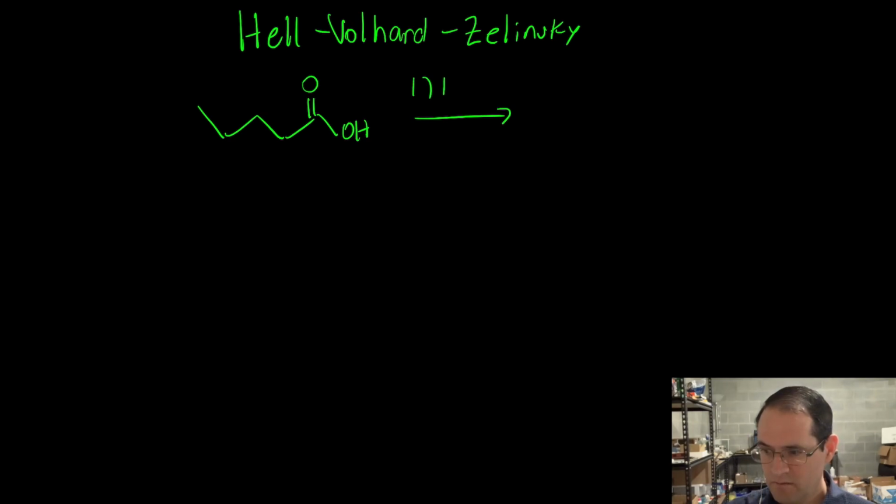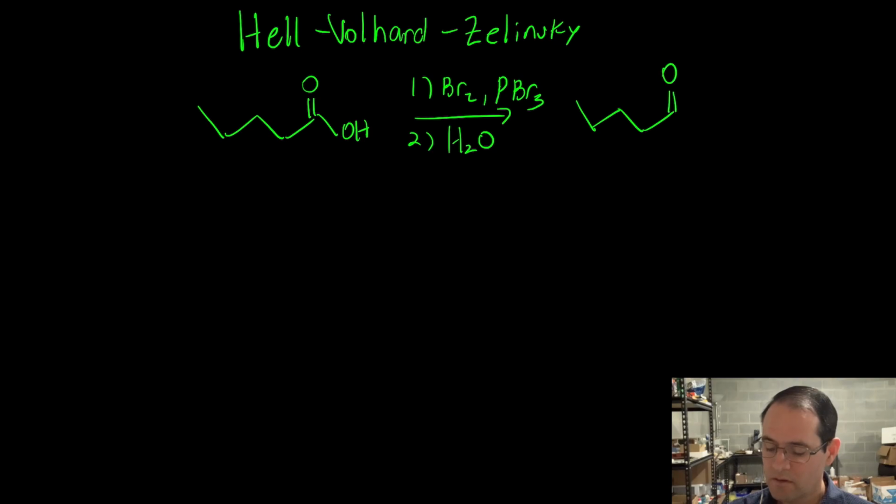You add bromine, phosphorus tribromide, and then in step 2, we add H2O. And what we make from this is the alpha bromo carboxylic acid, okay?